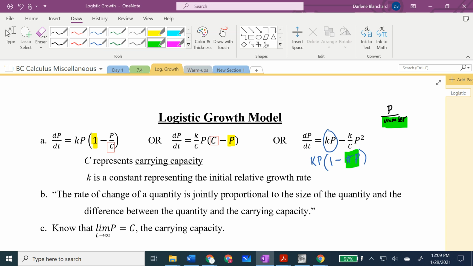Now, also, and this is directly from the AP course description, I have it in quotes, directly quoted from College Board. Be familiar with the phrase, the rate of change of a quantity is jointly proportional to the size of the quantity and the difference between the quantity and its carrying capacity, which is what this is showing.